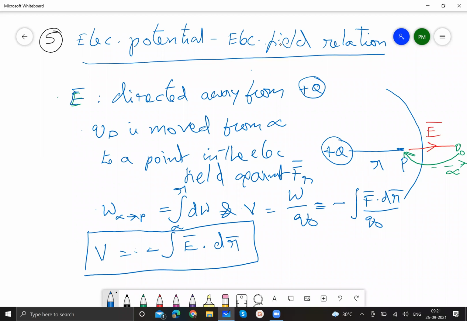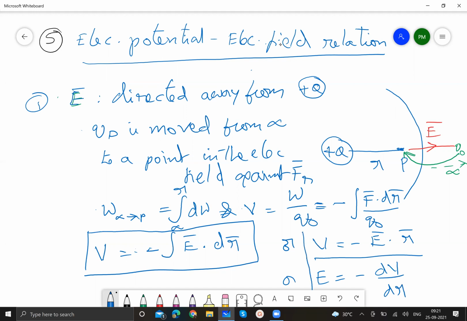So this is how we can get the relation between the potential, electric potential and electric field. Or you can also simply write it as V is equal to minus E bar dot R bar. And it can be also written as E is equal to minus dV by dr. So here the negative sign indicates that direction of E bar is always in the direction of decreasing electric potential.